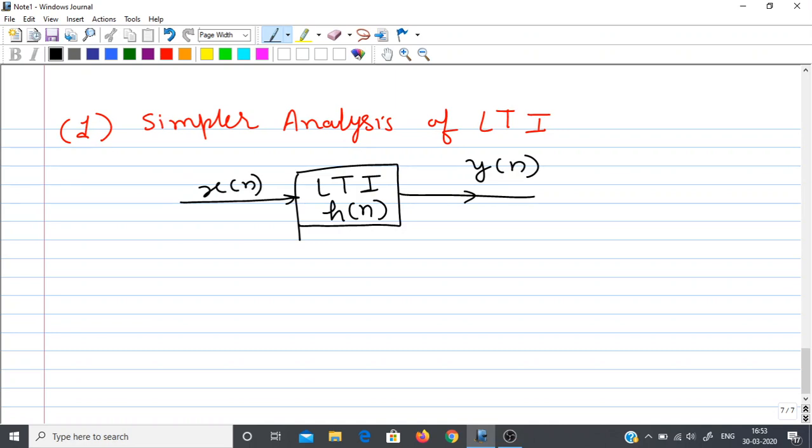When we take transforms like Fourier transform, Z transform or Laplace transform, the analysis of an LTI system becomes simpler. But the first question is, what do you mean by analysis? Then I will show how it simplifies the analysis. What is meant by this term analysis?